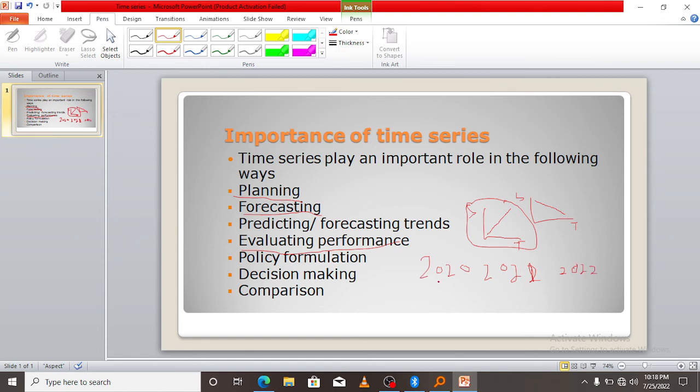Here you have 10, here you have 20, here you have 30.